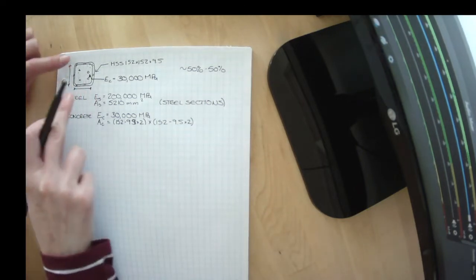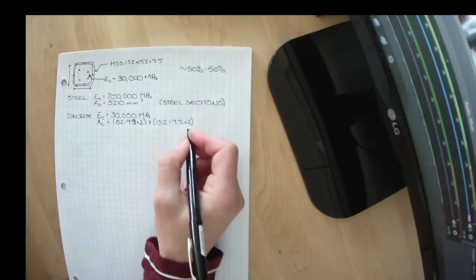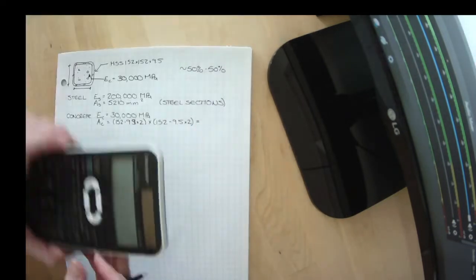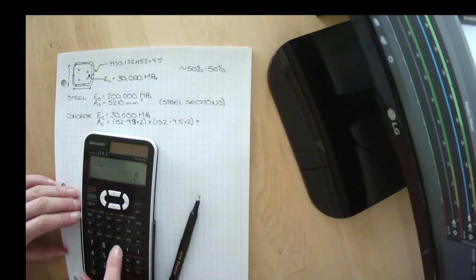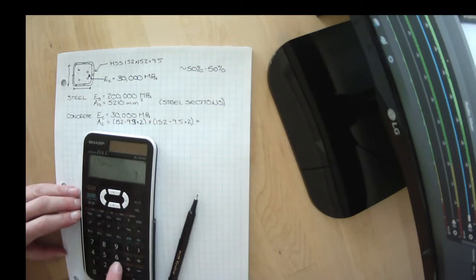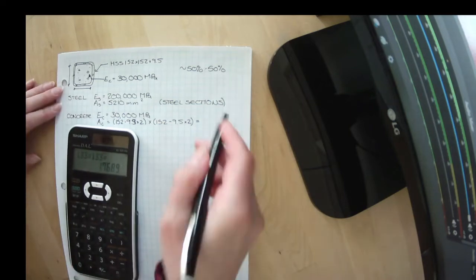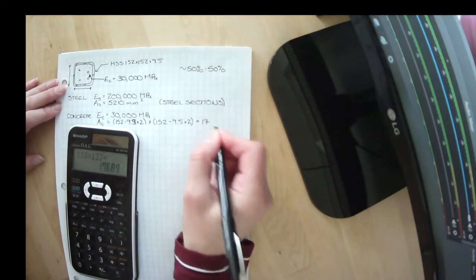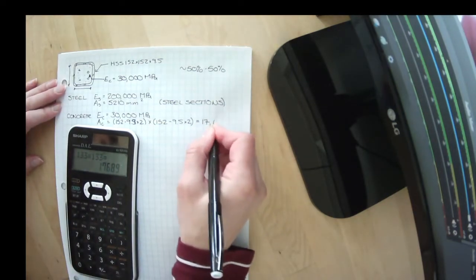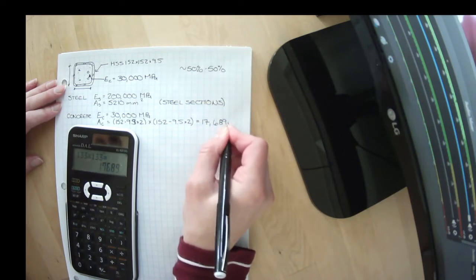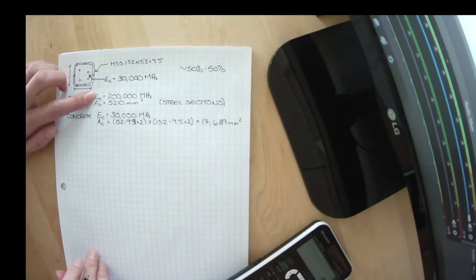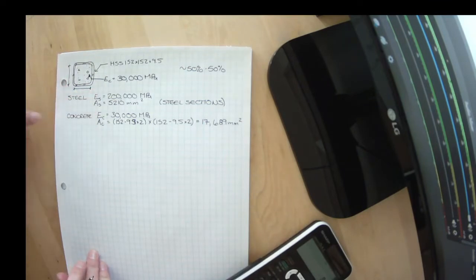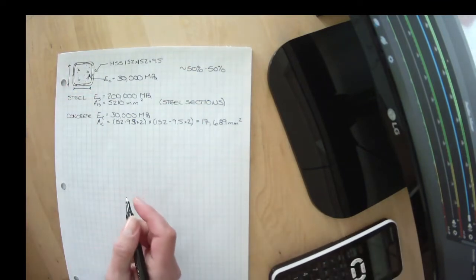So this dimension times this dimension is going to give me my area. 133 times 133 equals 17,689 millimeters squared. So I have my EA of steel and my E and A of concrete.